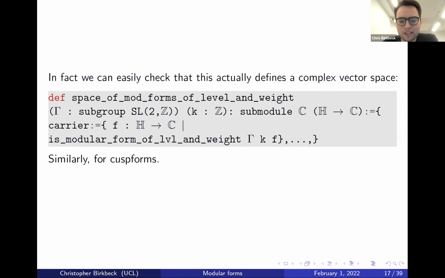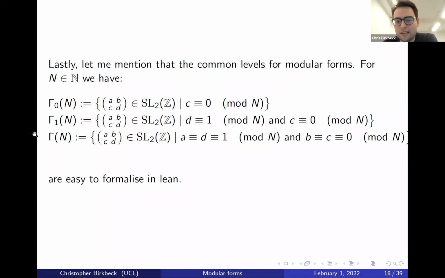Now, before going on, let me mention some common types of levels of these modular forms. Usually, we don't care about just any level. We have some preferred ones, and because they will show up later, I want to highlight them here. First of all, we have gamma naught n, given n some natural number. You can think of these as matrices that look upper triangular when you reduce mod n.